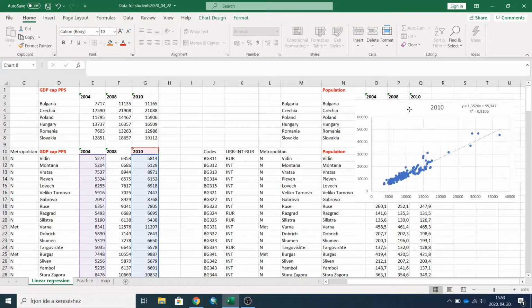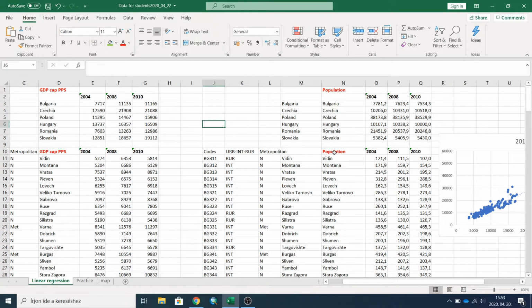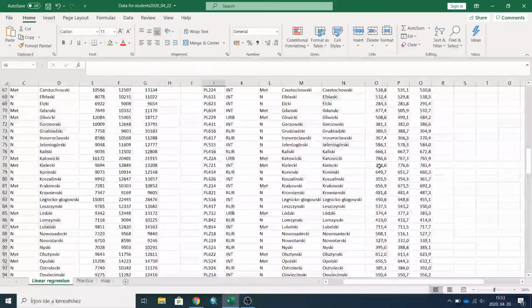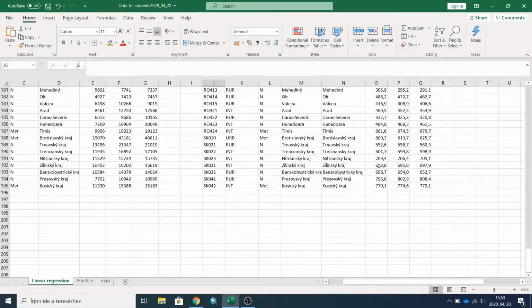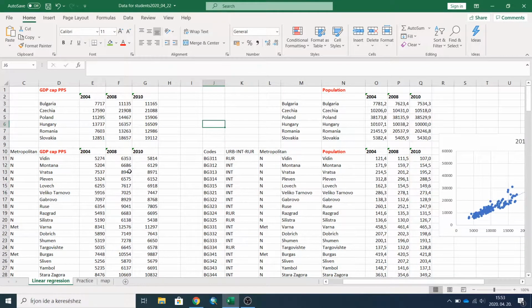But let's also analyze the connection between population in each NUTS2 region and GDP per capita. Because I think the hypothesis is that urbanized areas with a lot of population generate more GDP than rural areas.